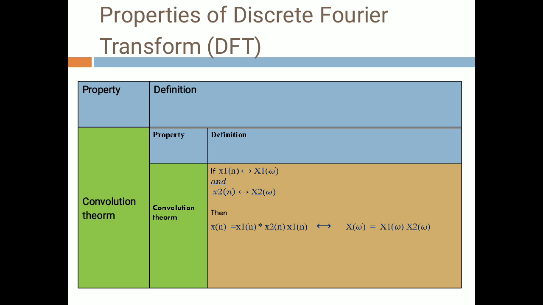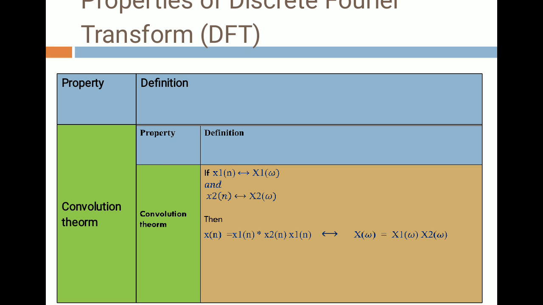The next property is the convolution theorem. Now let us see what the convolution theorem says. If x1(n) has transform X1(omega) and x2(n) has transform X2(omega), then we can say x(n) is equal to x1(n) into x2(n).